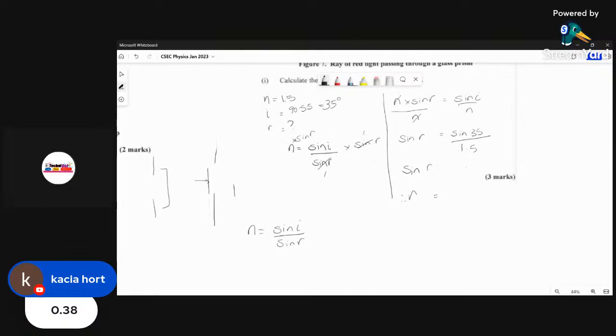I'm using a calculator now. So this is equal to 0.38, the full thing. So sine 35 divided by 1.5 is that. So now we need to find sine inverse, got ahead of myself there, times 0.38. And what do you get for that answer?